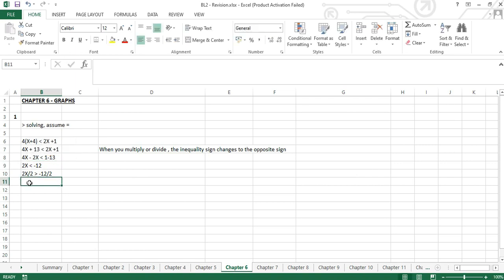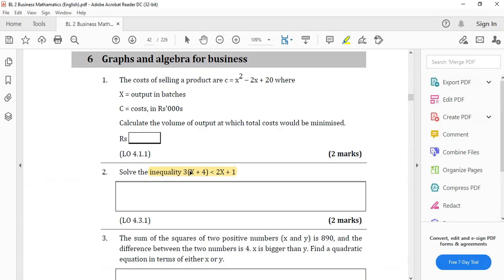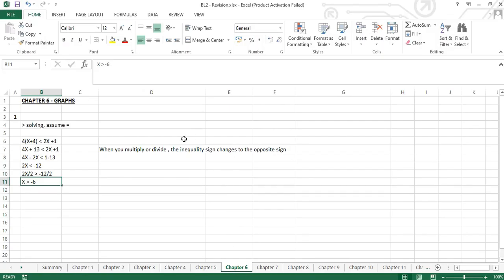So this will be x is greater than minus 6. This is the final answer. But in this question, I just changed these figures for you all to teach you all about this sign. So yeah, this is how you basically do it.